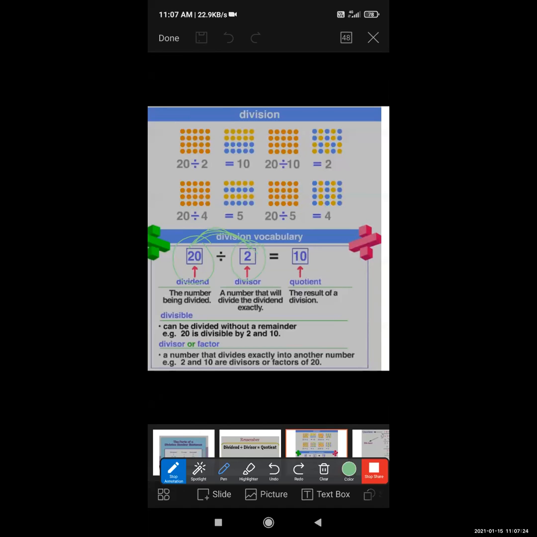The dividend is the number being divided, and the divisor is a number that will divide the dividend exactly. That means you divide with the dividend only, not the quotient. And the third one is the main answer.